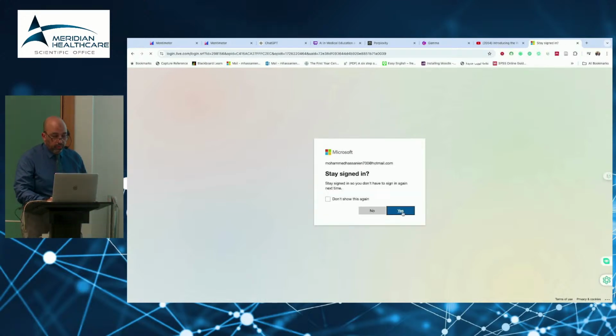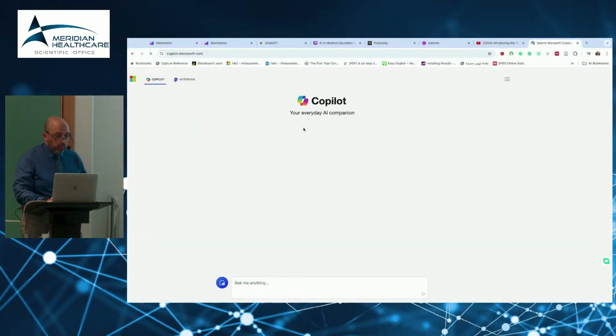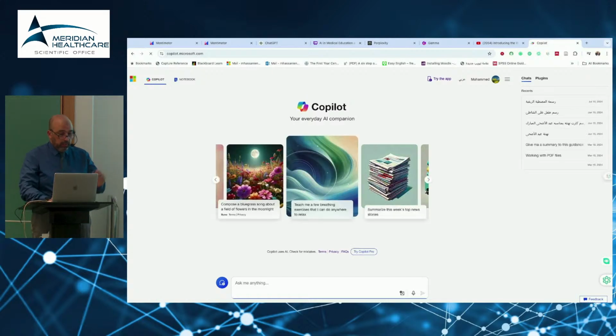This is Microsoft Copilot, which is like Gemini or ChatGPT. So you can also chat with it here and use it in WhatsApp.